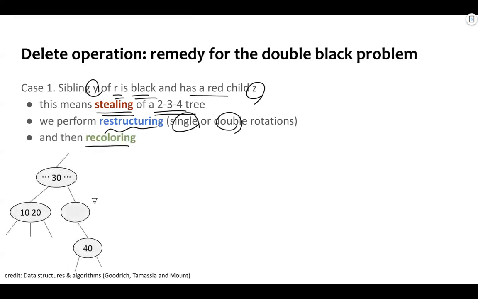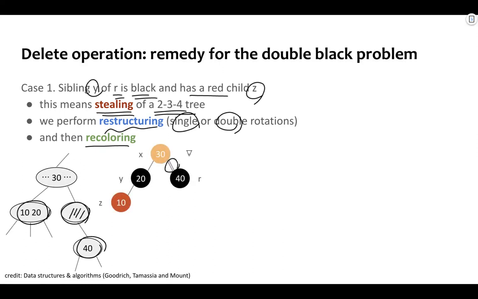So let's say we removed this node and we have a right child like this and the sibling. And this corresponds to this situation. These two connections mean fictitious double black.